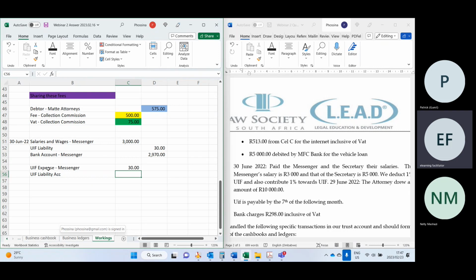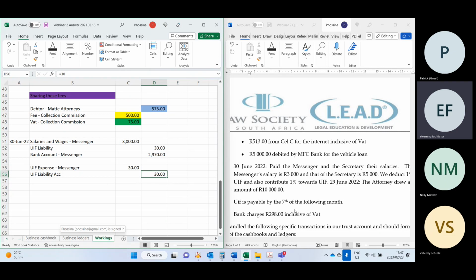This UIF liability account will have, at the end of the day, 1% from the employer and 1% from the employee. With that total, this is what you pay over by the 7th of the following month, of every month that we run. Okay, so this is for the messenger.